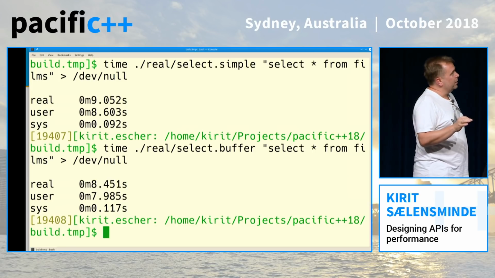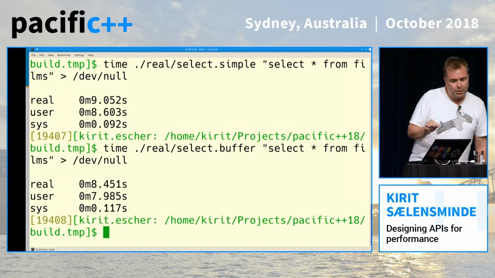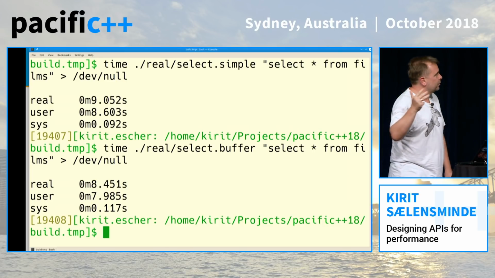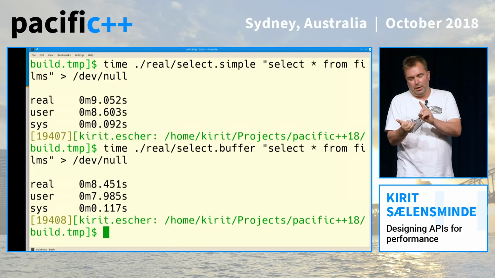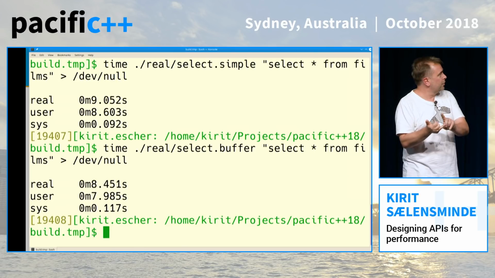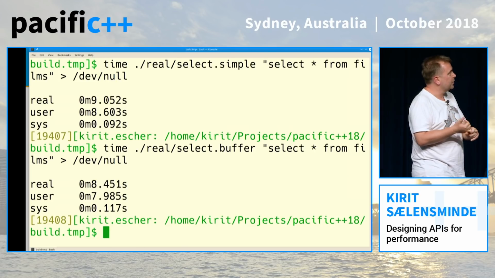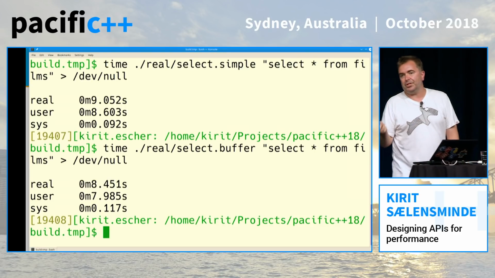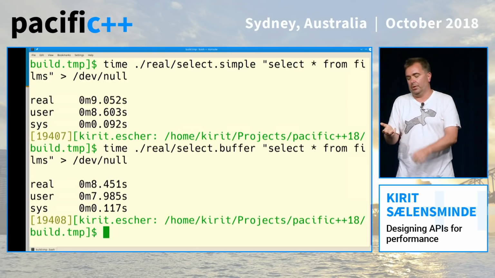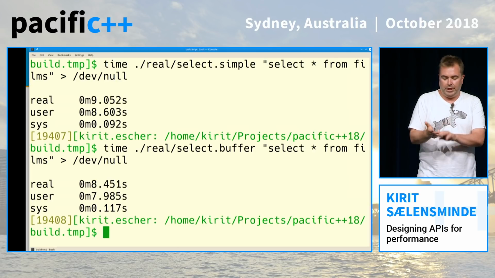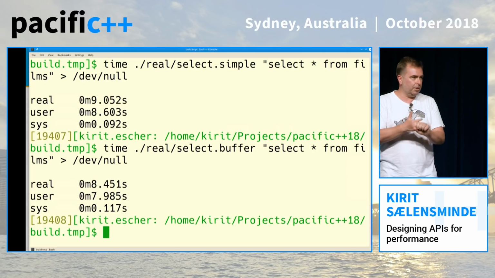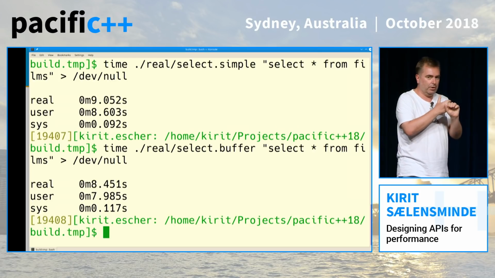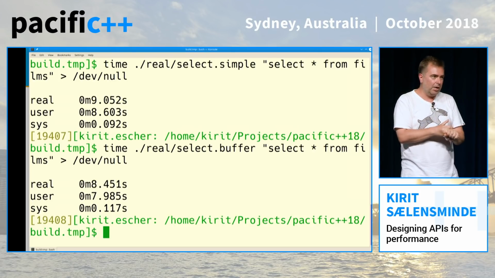So what have we got between the three versions? This select simple version that's still on the screen is as good as the standard library can do in order to reduce memory allocations and to buffer our output to reduce the number of times that we perform I/O.